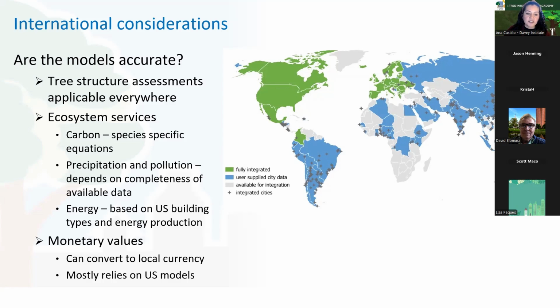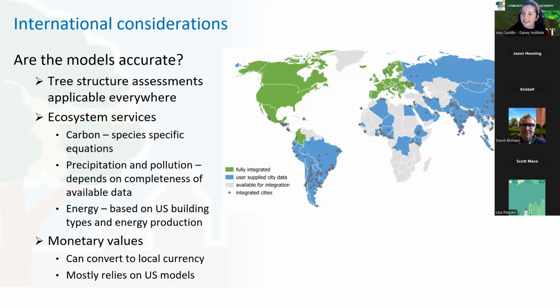And finally, for energy, these models are based on US buildings. So the answer will depend on how different your buildings in your home country are from the buildings here. But we do have some documentation that you can read to make your assessment of how accurate they are to your situation. And for the monetary values, those can be converted to local currency, which is really helpful for communicating the results.